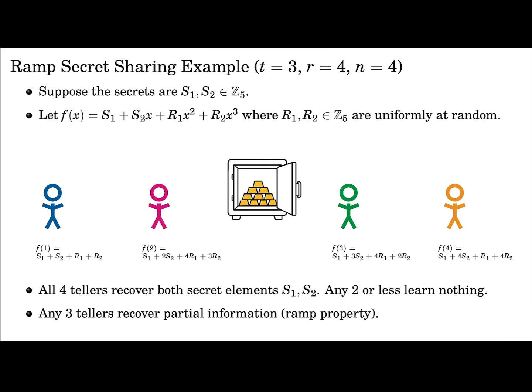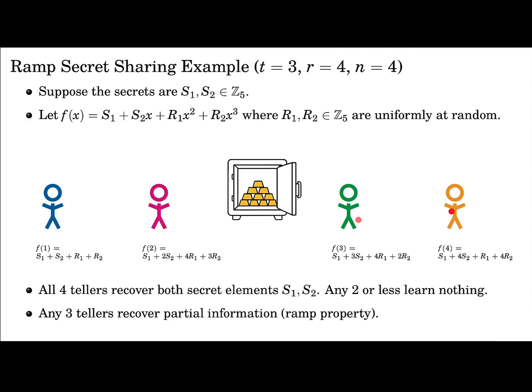So like we said, you build a polynomial of degree R minus 1, so degree 3. You need to have T minus 1 random guys, so these go here. And the secrets, you put them in the first coefficients over here. And now you send the 4 distinct evaluations. So we send f of 1, f of 2, f of 3, and f of 4 to each participant.